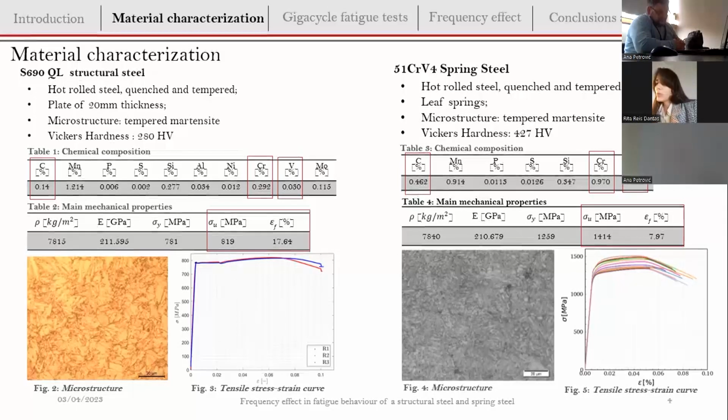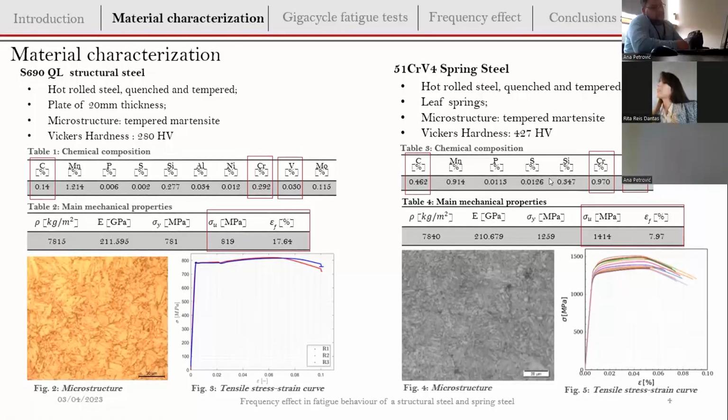And you can see here in figure 2 the microstructure, and that is tempered martensite, and in table 1 and 2, the main chemical composition, and main mechanical properties. Regarding the chemical composition, we have a low quantity of carbon steel, and we have ultimate strength of 800.